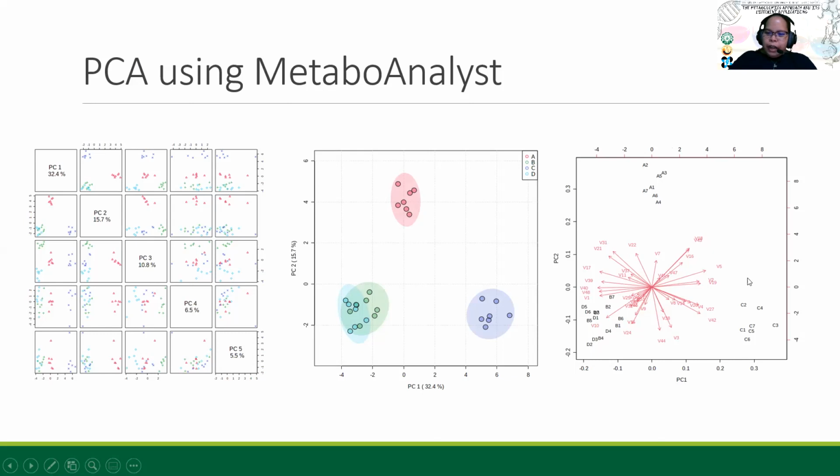Your C samples are high in variables such as V42 and V27. Your B and D samples are high in variables such as V10, V24, V1. So again, reflecting the directionality of your scores and loadings.